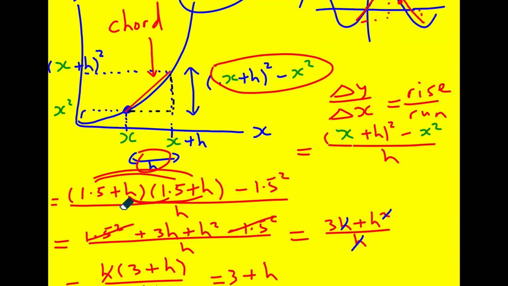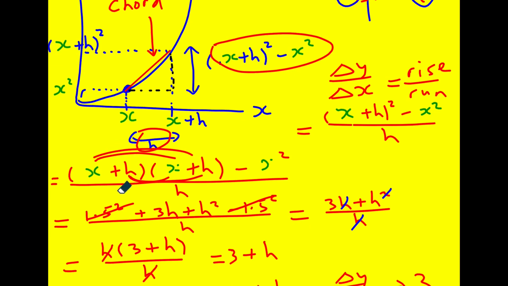Okay, and then I can just expand this bracket. But this time when I expand it, I'm going to get x squared, and I'm going to get x times h and x times h.